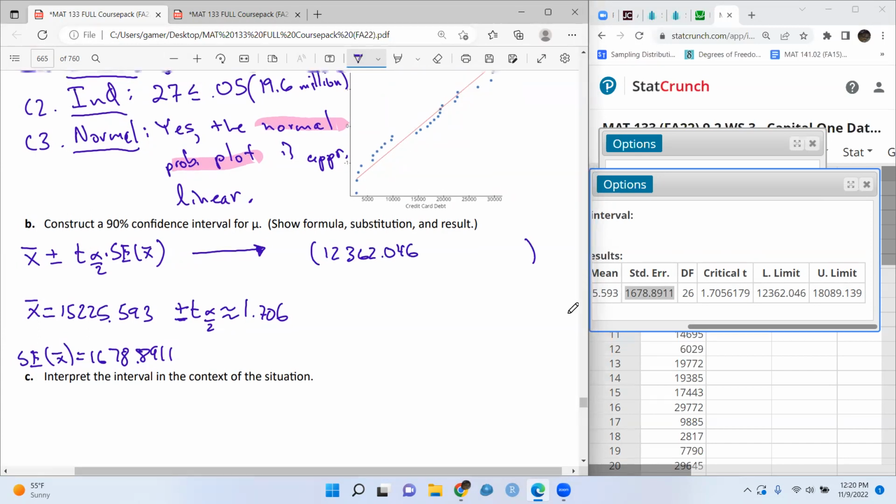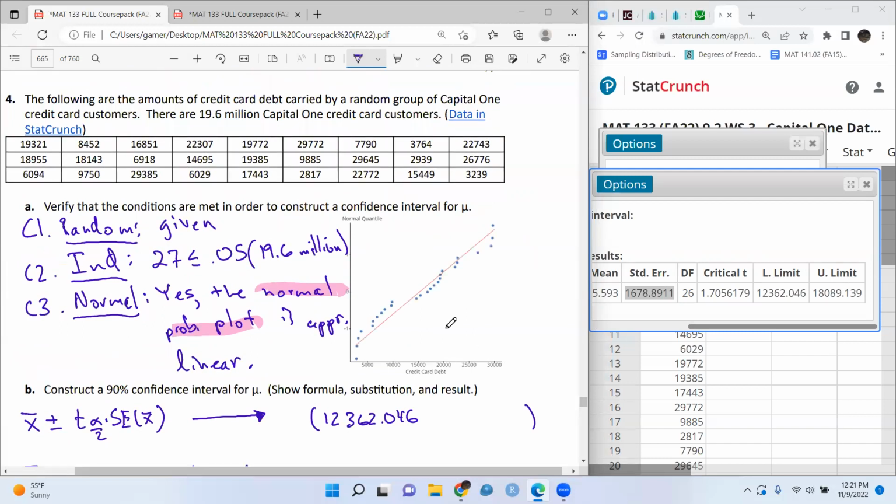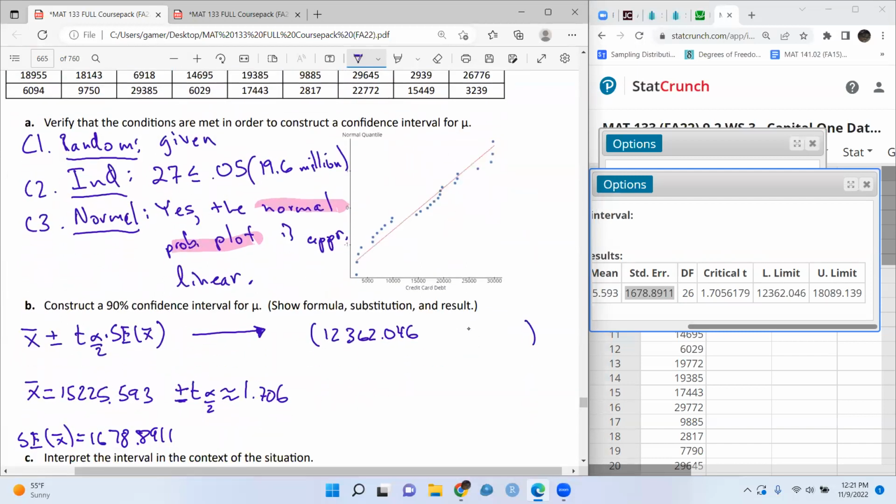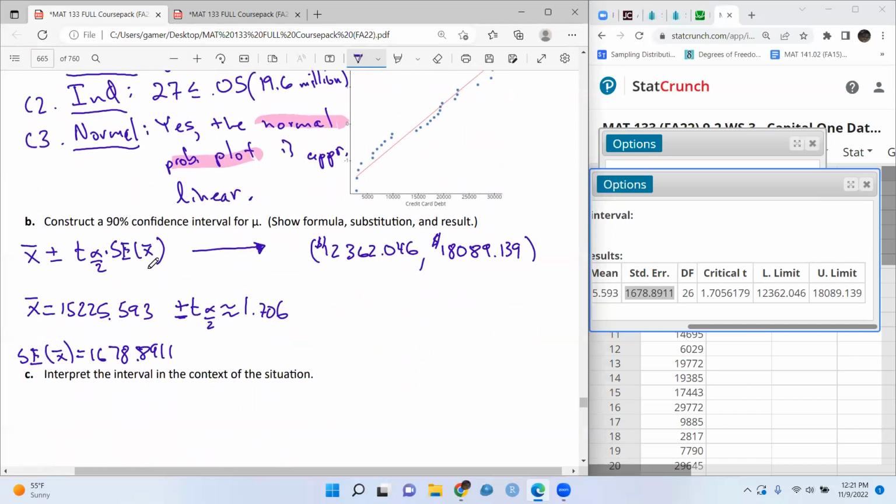What is this? Oh, this is money. This is credit card debt. Ouch, $12,000. So we don't want to just put down the confidence interval. We want to put down all that stuff that you did over here. I don't even know where those numbers came from. They came from what StatCrunch was doing.